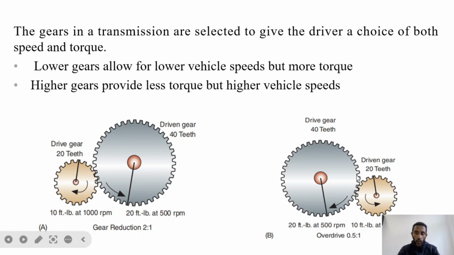In this part, we call this one OD, overdrive, which means the drive gear is very big and the driven gear is small, which means in this part 1000 RPM is reduced by half and it will become 500, which means the speed will be reduced, but the torque will be increased. If I make it 4, the difference will become 4 times.